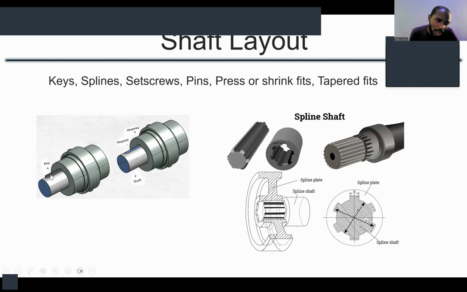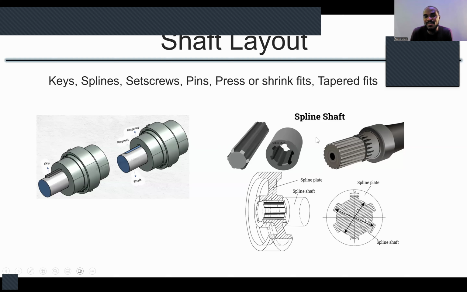So you now have a key that sits inside the shaft and also protrudes into your element, either your gear or your pulley. So that when the shaft turns, your element that has been fixed to your shaft also turns along with it. The key will move with it. Do you understand what I'm saying? That's the key there. So keys are one way of transmitting torque from your shaft to your gear or your pulley.